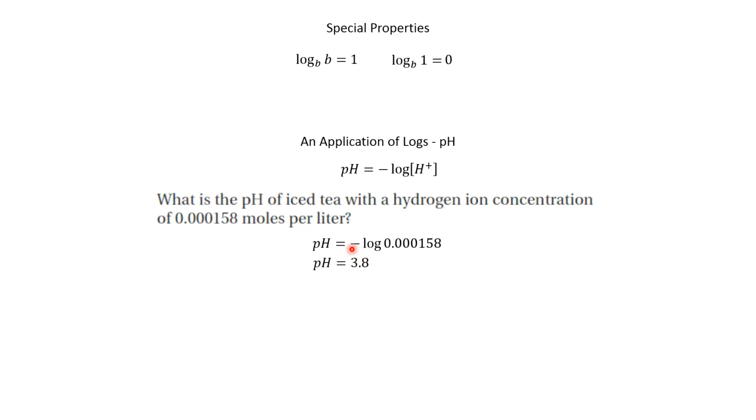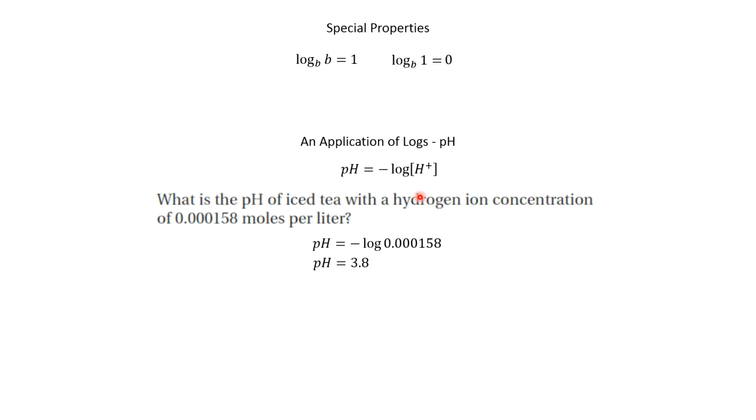Well, this negative makes this positive, and the pH equals 3.8. There's really nothing more to that. The question might ask a follow-up question like, is it in this range? Like, is this going to be in between 4 and 5.5? No, 3.8 is not in between 4 and 5.5. So the follow-up question is generally a pretty easy one.